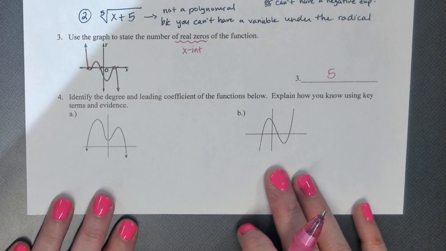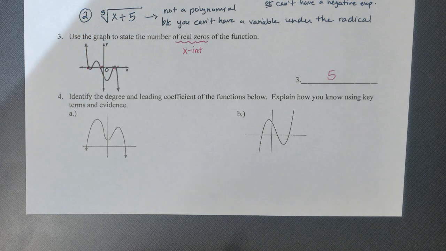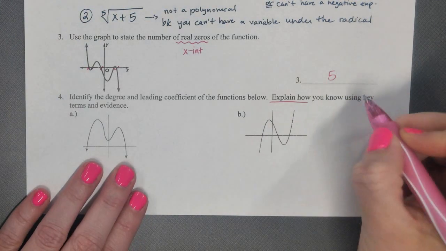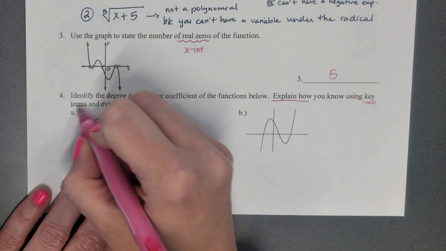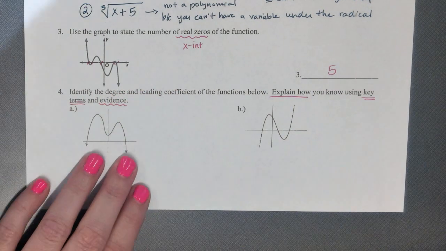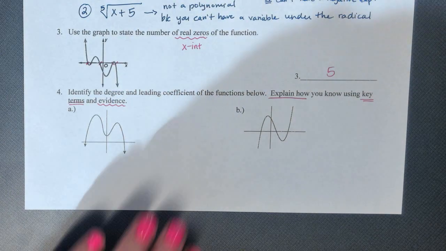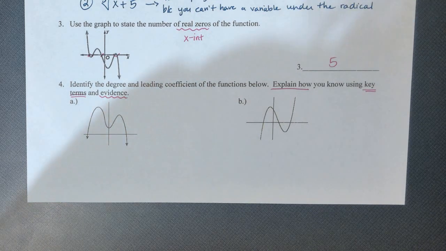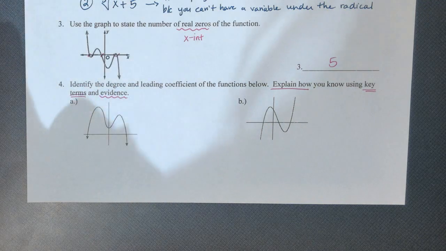All right. This one was a little bit harder than I expected for some of you. You have to identify the degree and leading coefficient and then explain how you know using key terms and evidence. Okay, so again, you need to tell me why the function has an even degree.